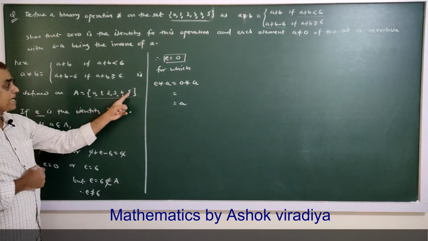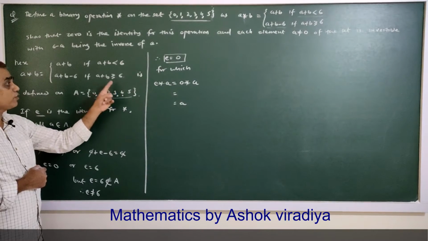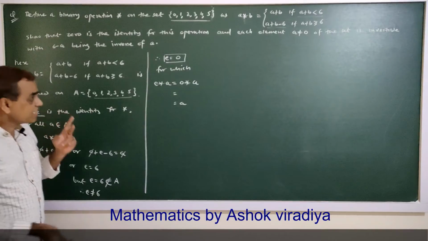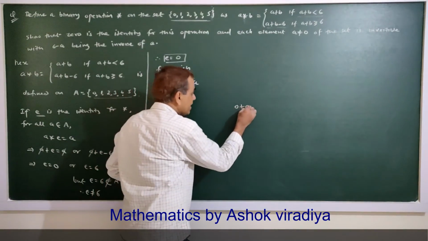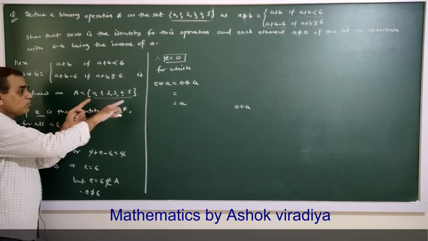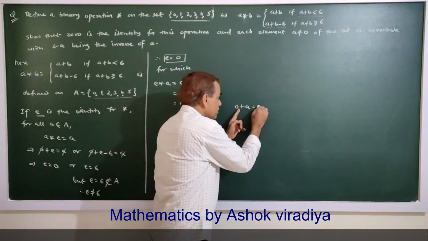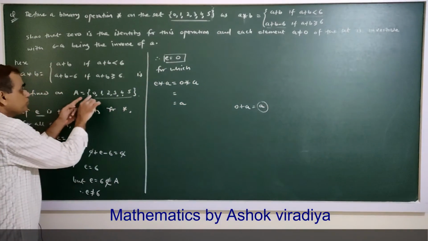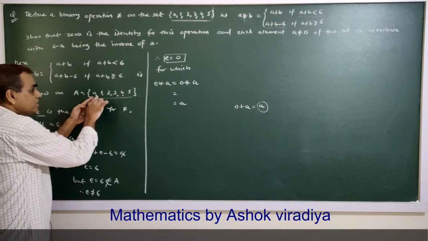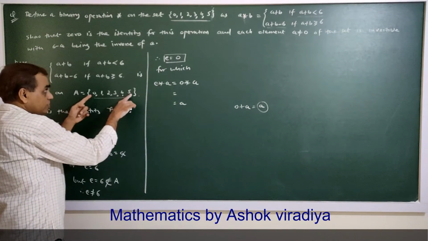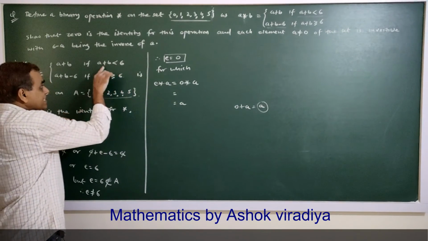It will not be more than or equal to 6. 0 plus A is equal to A, and it belongs to this set, so this value is maximum 5. Maximum 5 means less than 6.